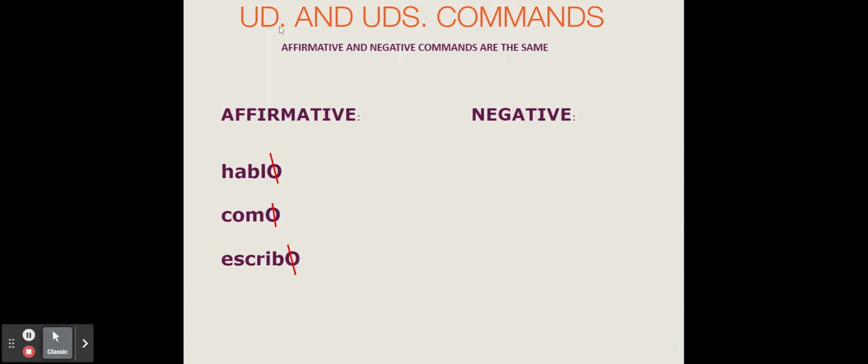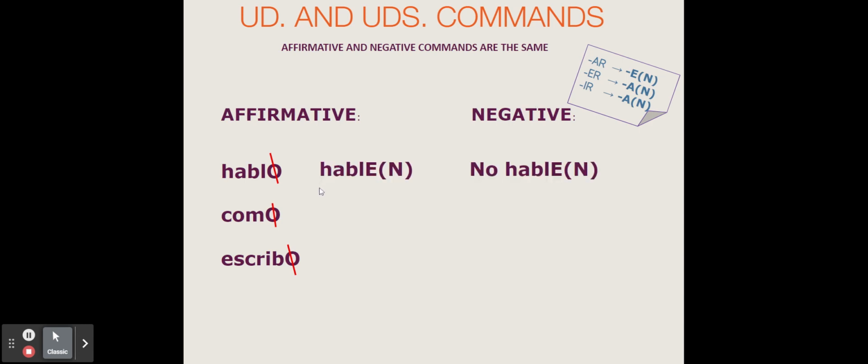If it's an AR verb, you're gonna add e for the usted and en for the ustedes. If it's an ER or an IR ending verb, you're gonna use a for the usted command and an for the ustedes. So here we have AR go to E or EN, ER and IR to A or AN. And that's for both the affirmative and the negative.